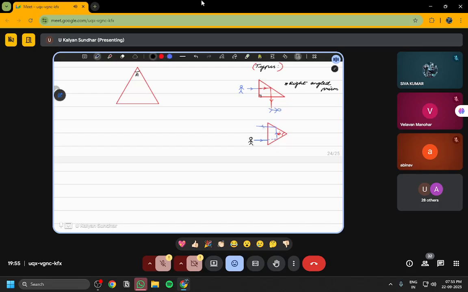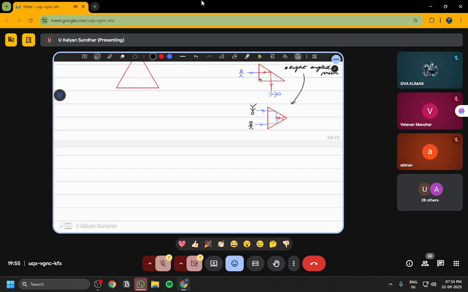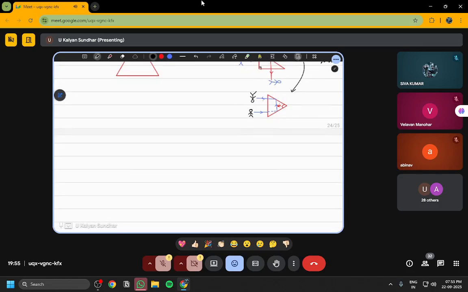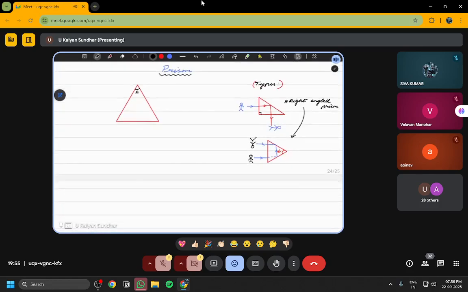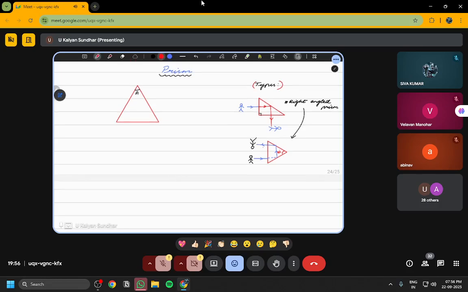So the image which was like this becomes like this with the same right angle prism. And this is all due to the properties of total internal reflection.